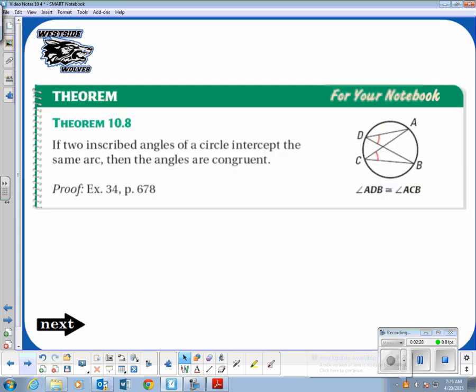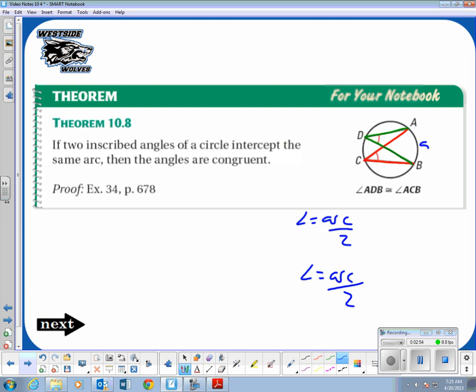All right, and so then our next one says if two inscribed angles of a circle intercept the same arc, then the angles are congruent. So this is an inscribed red angle right here. This is an inscribed green angle right here. And since they're both inscribed angles, we know their formulas are angle equals arc divided by 2, and angle equals arc divided by 2.